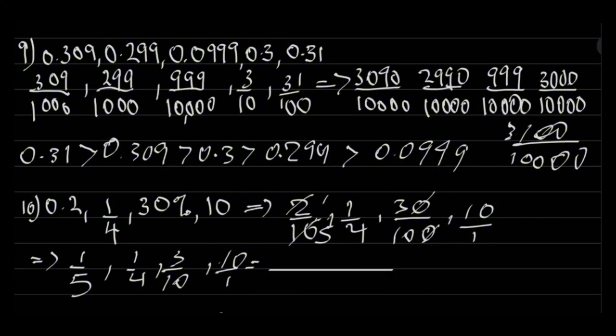So our LCM is, I think, 20. 5 into 20 is 4, so 4 times 1 is 4, and then 4 into 20 will be 5. 1 times 5 is 5. 10 into 20 will be 2. 2 times 3 would give us 6. 1 into 10 is 10. 10 times 10 is 100.